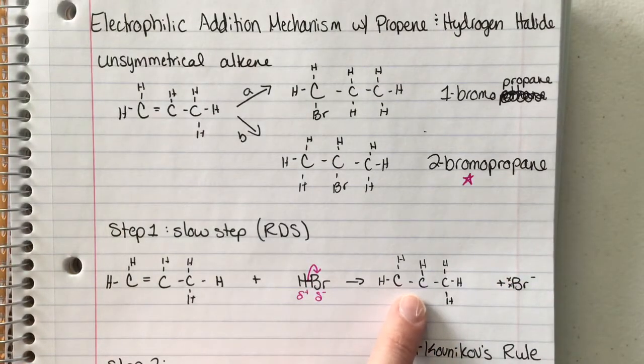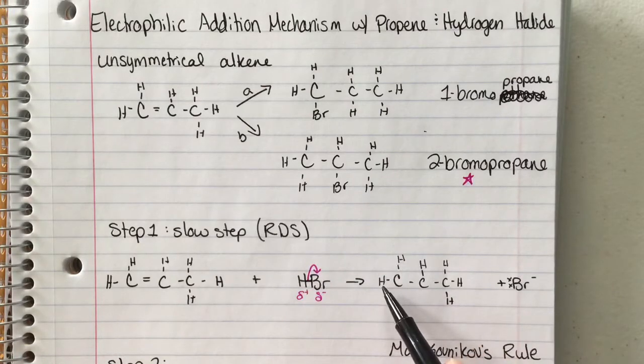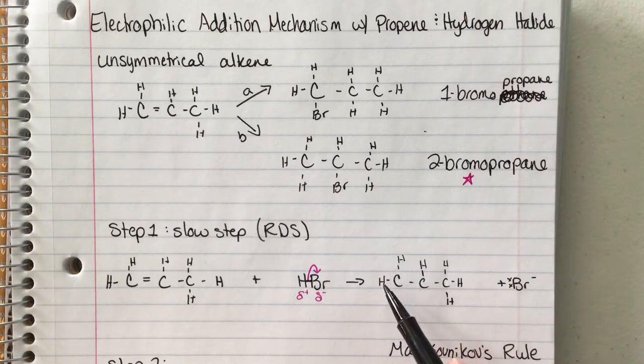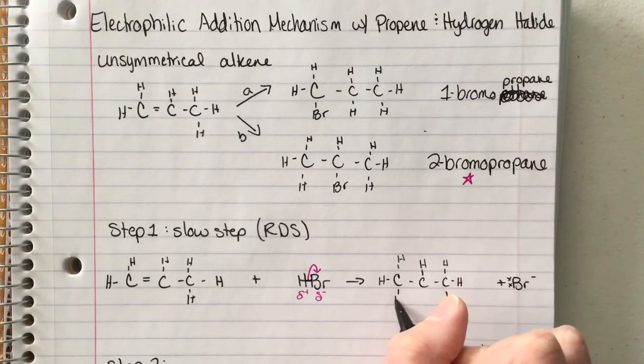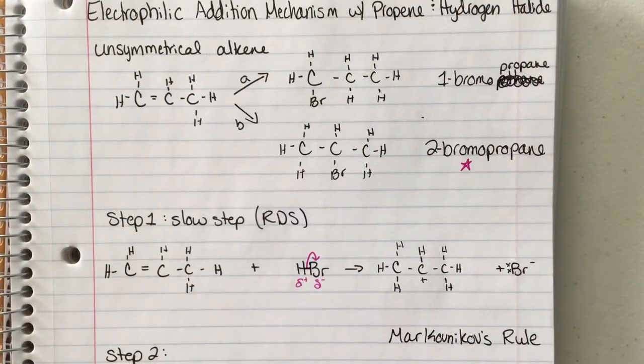So if I'm going to add on here, this one has 2 hydrogens, this one has 1 hydrogen. That would make this the least substituted carbon because it has hydrogens on it, not other things. So this is where the hydrogen is going to land, making the middle carbon our carbocation. That is called Markovnikov's rule.